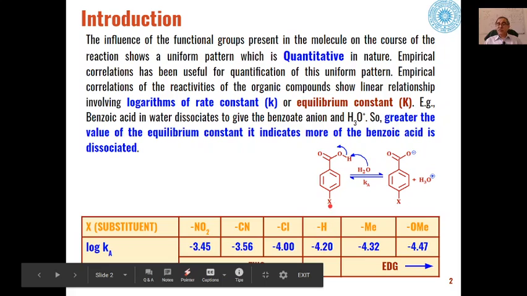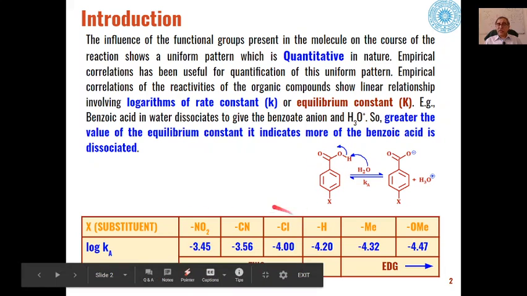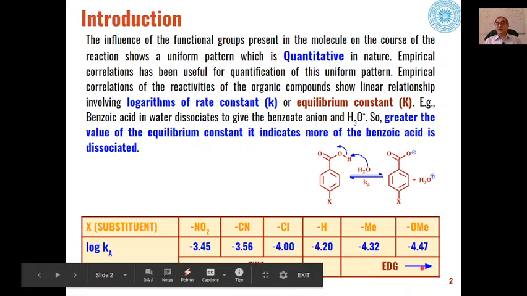Unsubstituted means when X is H, that means when we change from benzoic acid to electron withdrawing group substitution of groups like nitro, cyano or chloro, or electron donating substituents like methyl or methoxy. So you can see the value of log K changes linearly as we move from electron withdrawing to electron donating groups.